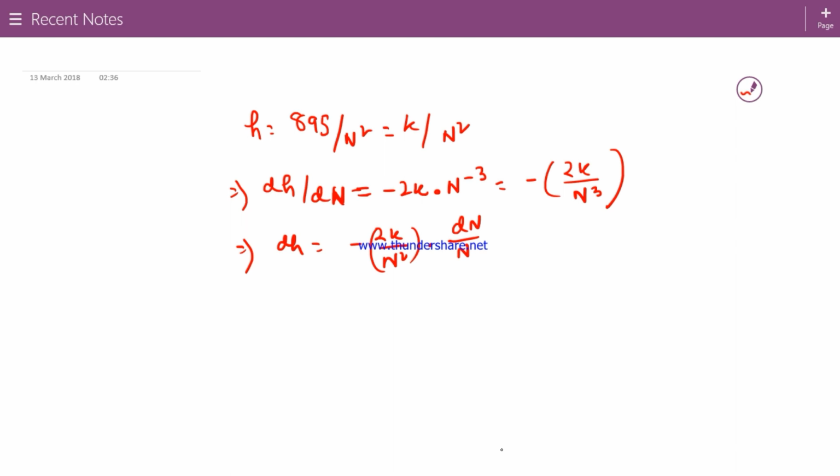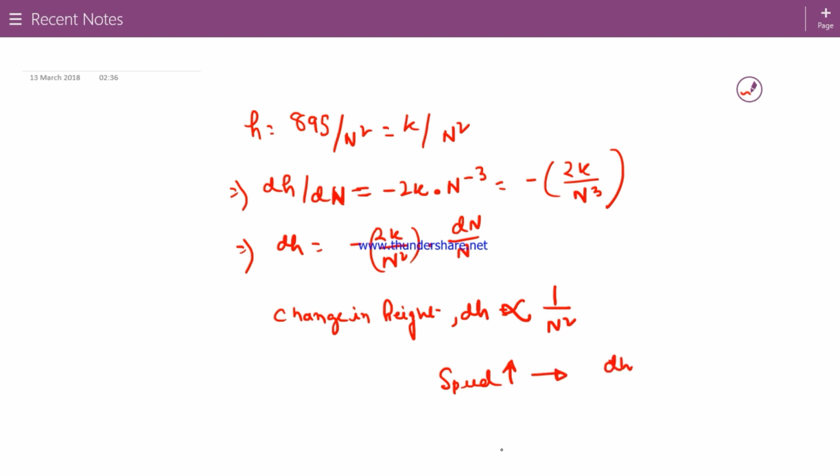So if we see your change in height, dh is inversely proportional to 1 by n squared. That means if the speed is increasing, dh, the difference of the height of the governor, will decrease, and moreover it's in square.